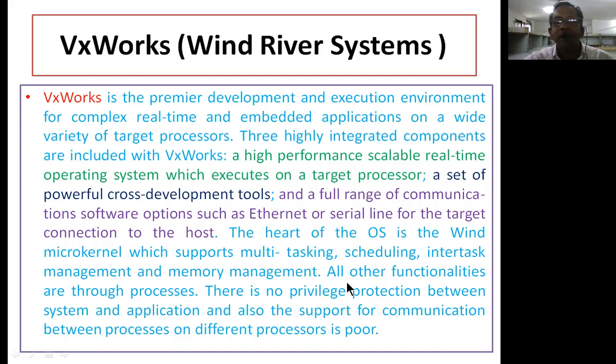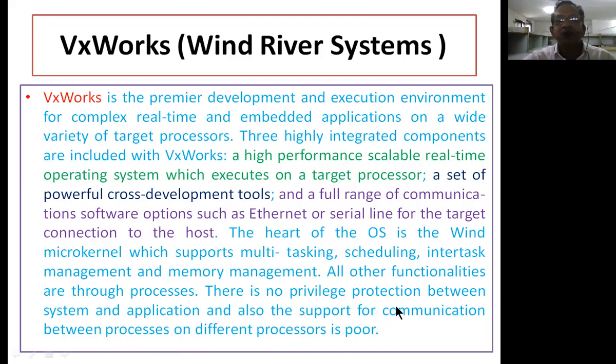In that we discussed scheduling, multitasking, intertask communication and intertask management, that is, using semaphores, mailboxes, and memory management. All other functionalities are through processes or tasks. So there is no privilege protection between system and application, and support for communication between processes is poor.